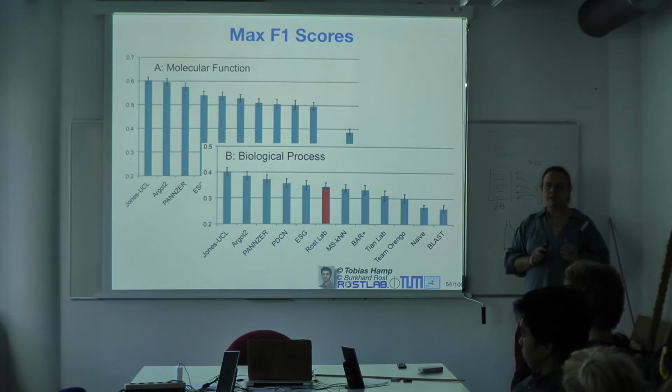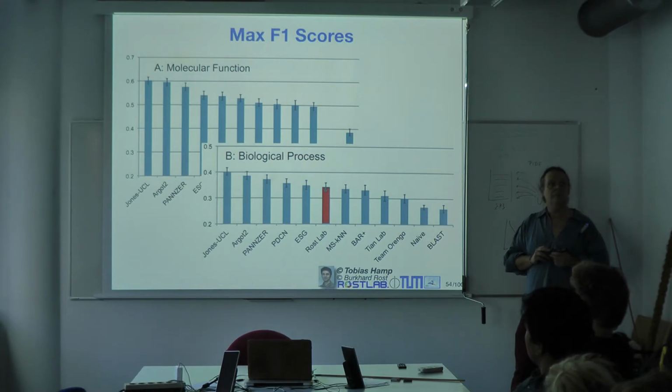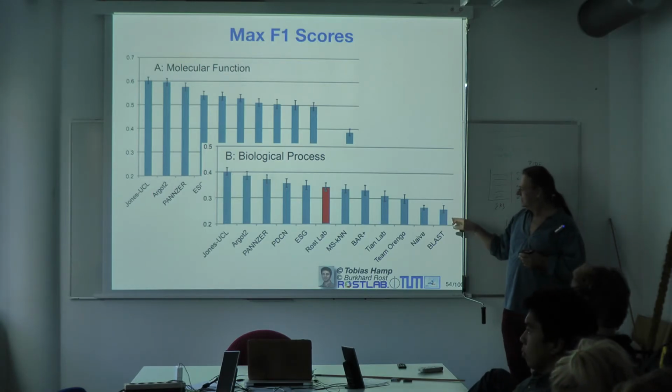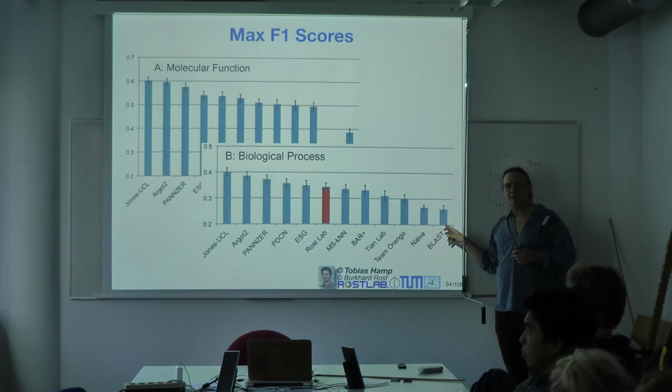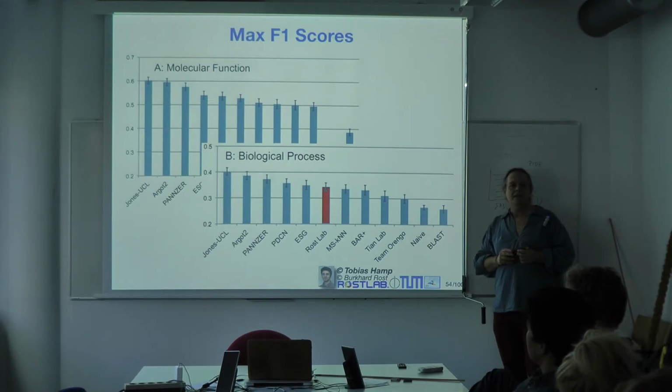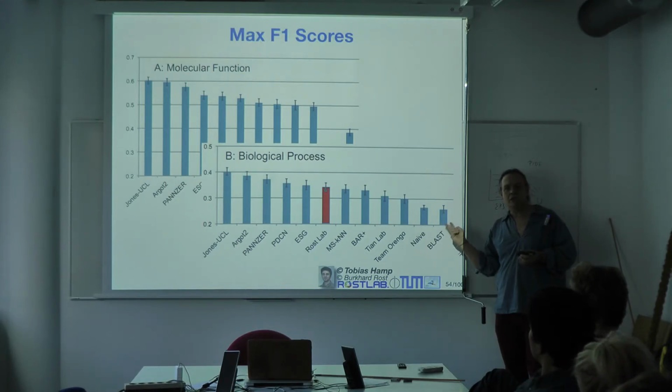Okay? Is there anything that jumps at you in the results? No? Does nobody wonder why naive is in the same ballpark or even higher than BLAST? What does it mean? Well, typically when you observe this, it is totally meaningless.